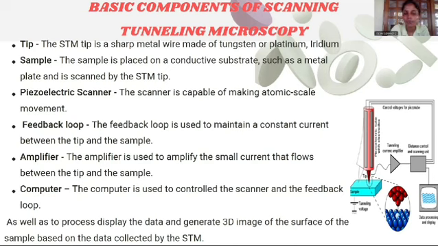Finally, the computer is used to control the scanner and the feedback loop, as well as to process and display the data and generate a 3D image of the surface of the sample based on the data collected by the scanning tunneling microscopy.